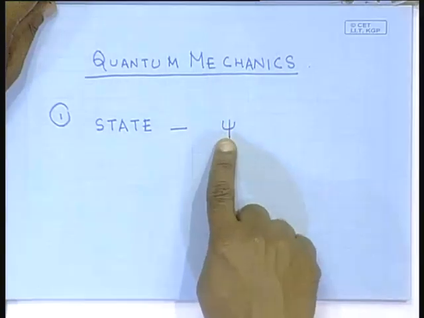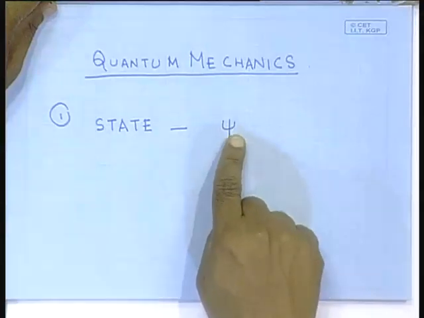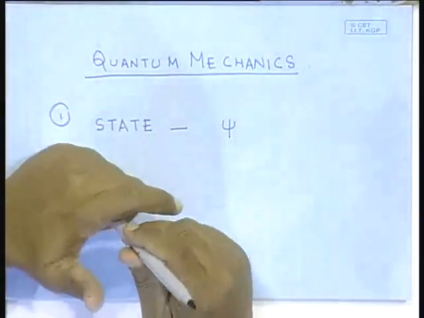So, corresponding to each of these states, there is a different wave function psi. And this wave function is governed by a wave equation known as the Schrodinger wave equation.